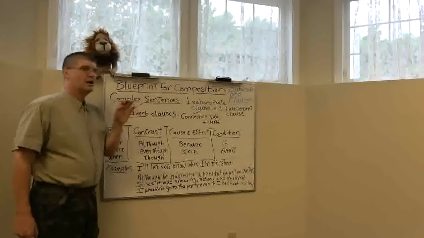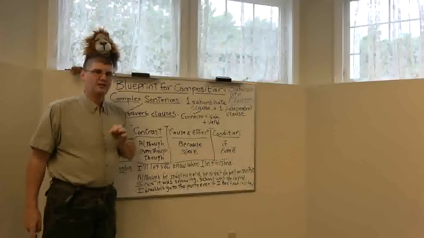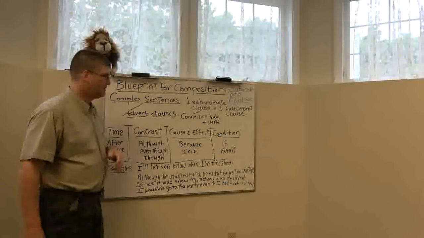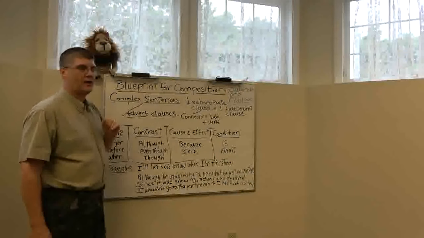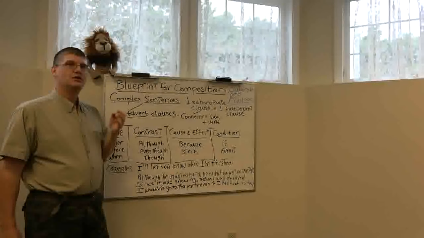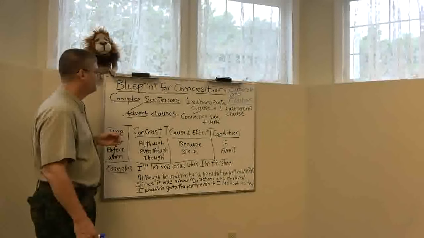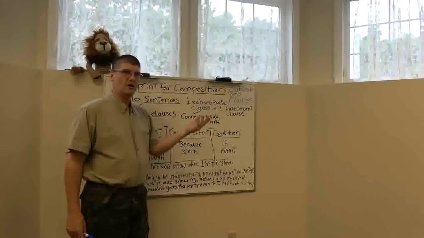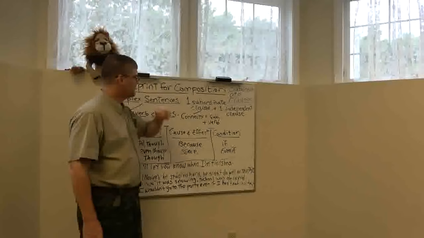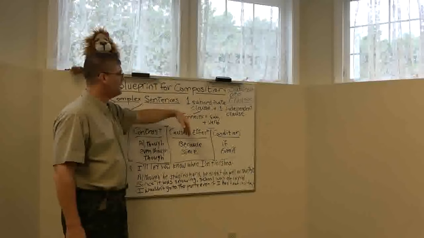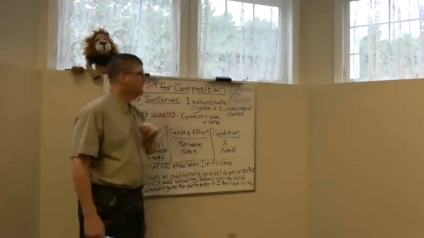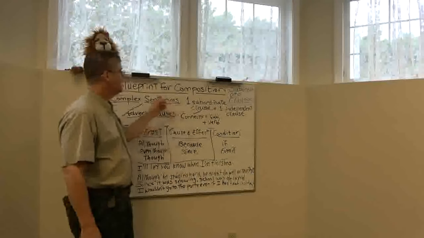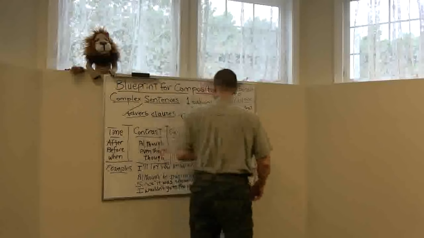So we're going to do a deeper dive into complex sentences and more specifically into adverb clauses. Just to review quickly the components needed to form a complex sentence: complex sentences are composed of two things, a subordinate clause plus one independent clause. So one subordinate clause plus one independent clause equals a complex sentence.